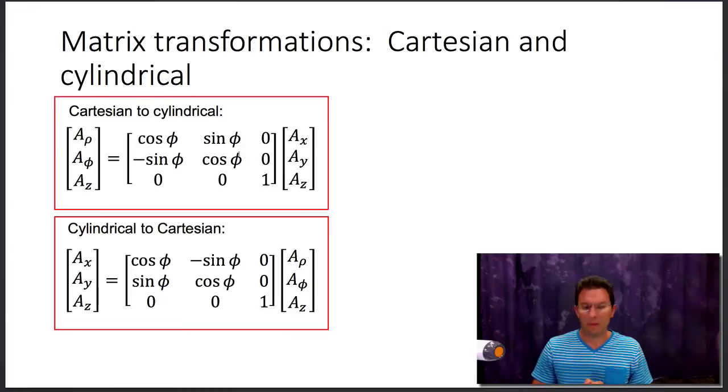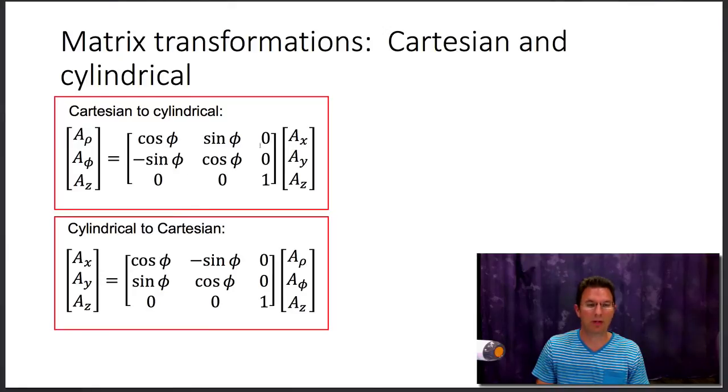Now, those little relationships that I just drew for you on the Elmo can also be written in matrix form. Okay, so if you again would like to go from Cartesian coordinates to cylindrical coordinates, so in other words, you're starting here with 3 components in Cartesian coordinates, and you'd like to get the corresponding components in cylindrical coordinates, you just compute this matrix vector product, just like this.